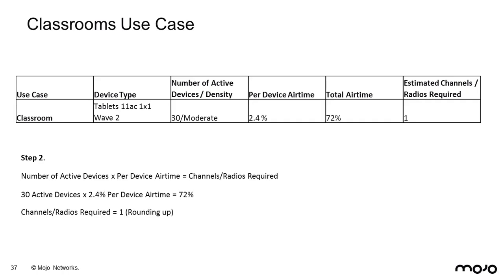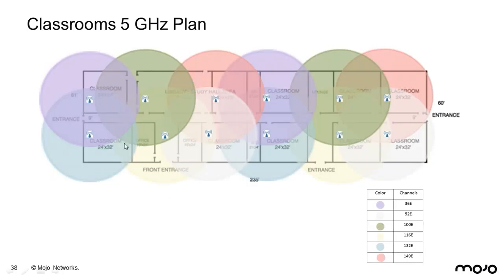So we have 1 AP per classroom in this scenario. And if we take that out, we then have 1 AP per classroom. And again, I proposed a manual channel plan. You could let auto channel do this for you. But I'm not saying don't use auto channel. Certainly, use auto channel, but I just proposed here a manual plan, and I'm trying to create as much separation before reusing those channels.